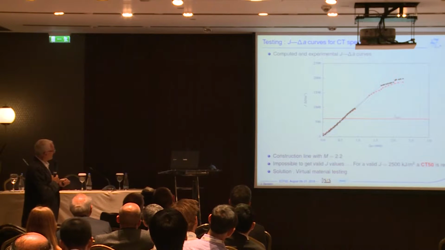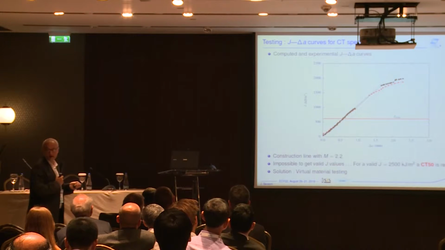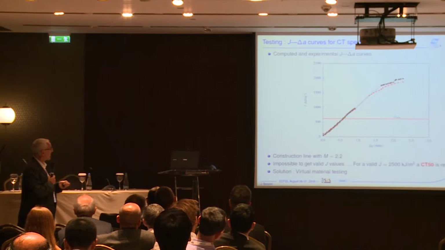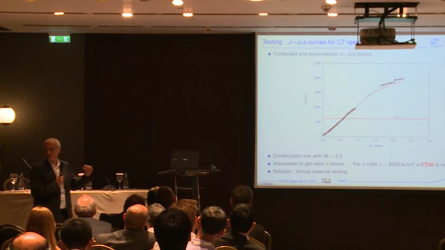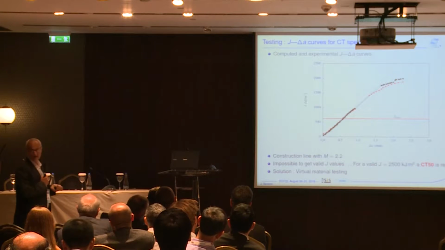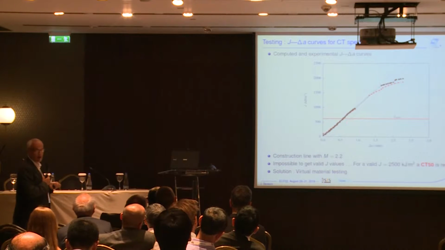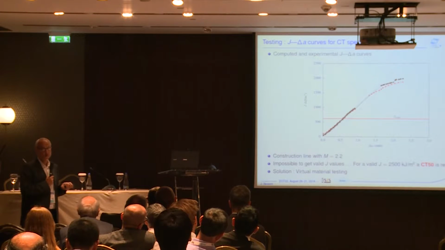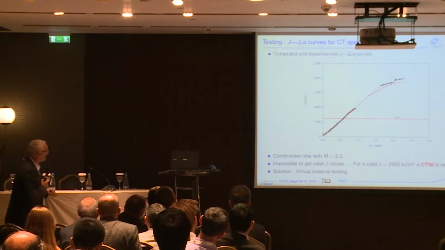And you start to have deviation for values of J above 1,500 kilojoules. So that's way above the limit that you are not allowed to exceed if you want your test to be valid. So that's a problem, because if you reach this point, actually there's no crack propagation. It's just sheer blunting. That's the problem.